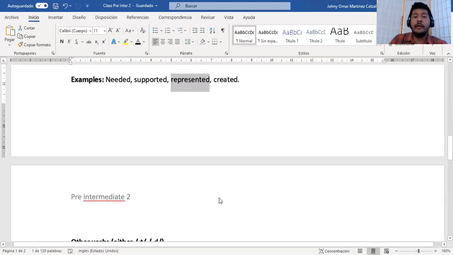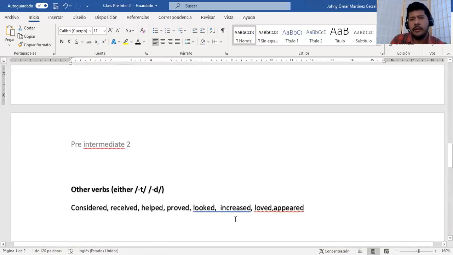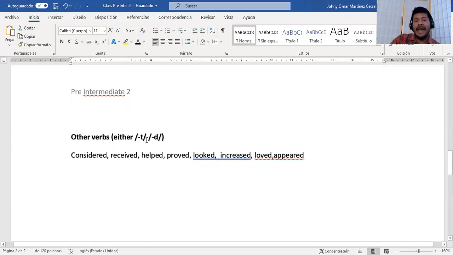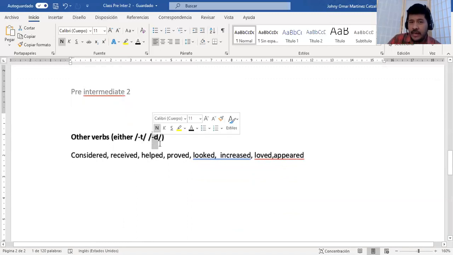Now, let's move on to all of the other verbs which are regular. So the ones that end with many endings that are not da or ta, okay? In those cases, we are going to end the pronunciation either with ta or da. To me, I don't pay so much attention to this because, well, let's say, for example, we have consider.